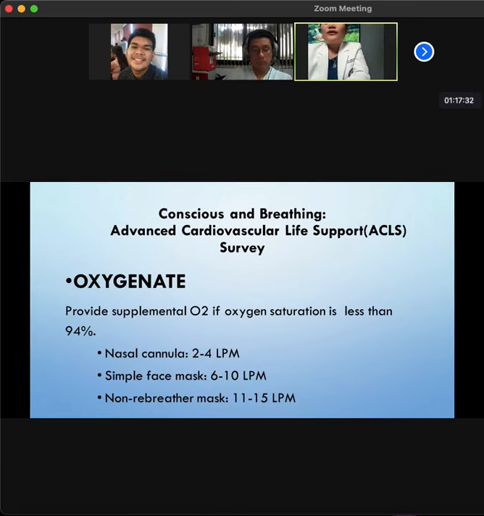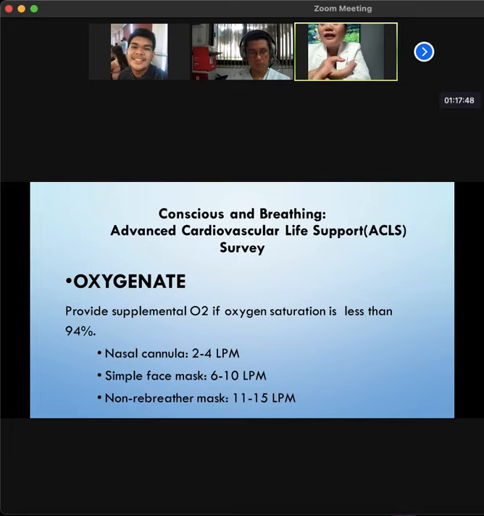Okay. So, tapos na tayo sa V, di ba? For the V, okay, you check for visualize, get the vital signs, and then verbalize. You ask the patient. Next one is oxygenate.